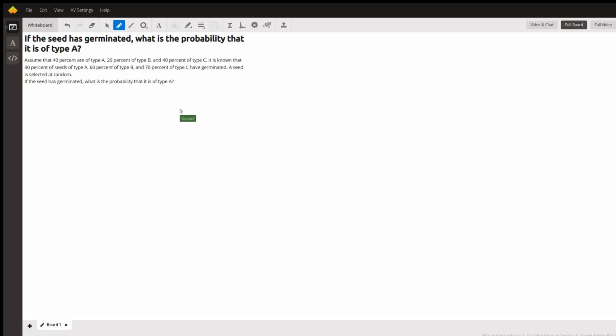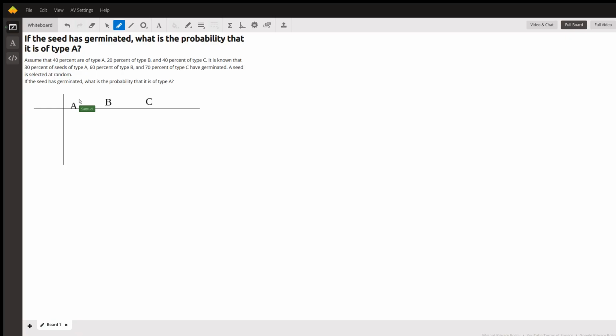So we're going to make one category of all the seed types, and then the other category where it is germinated or not. So we are going to first work with type A seeds, and then we're going to work with type B seeds, and we're going to work with type C seeds.